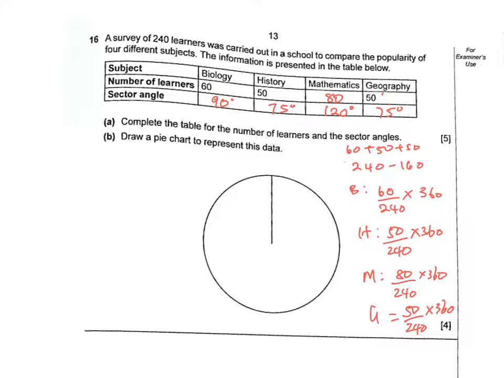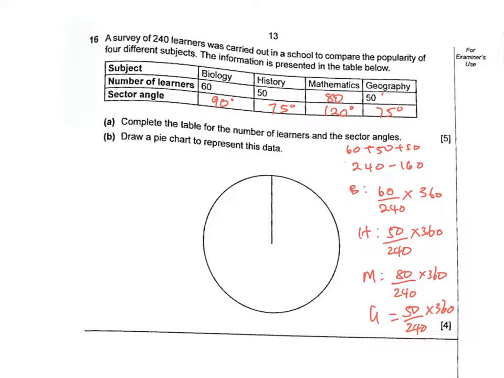Let me just see if I can find my protractor. Okay, that's one. So what you do, you place your protractor on... I don't know if you'll be able to see.